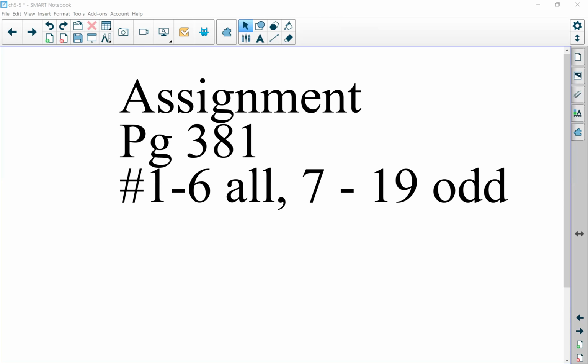So rather than going from negative a to a, let's just go from 0 to a and double it. Even functions pop up maybe a little more frequently than the next one we're going to talk about, the odd function.